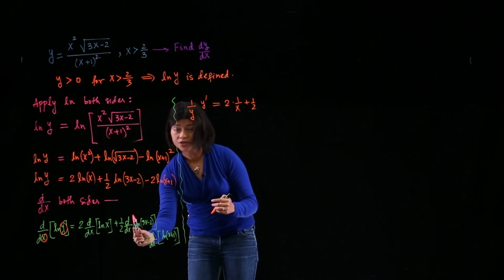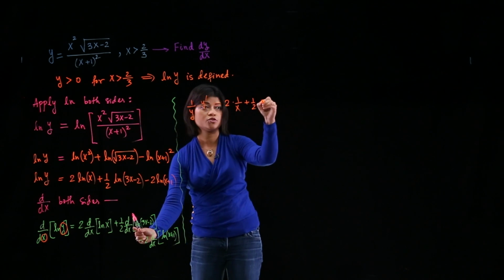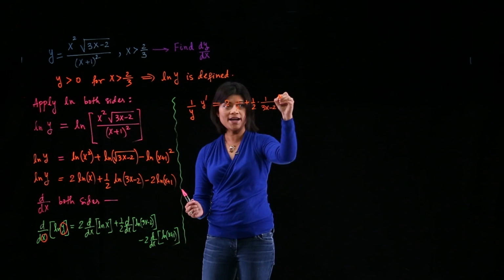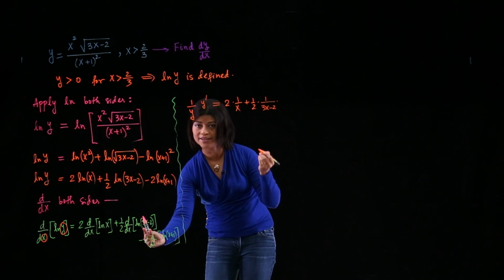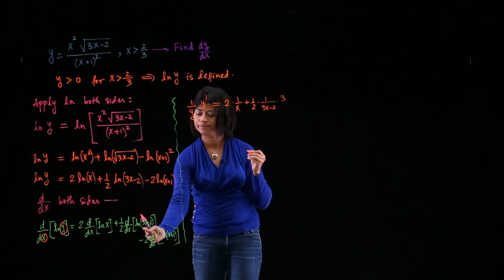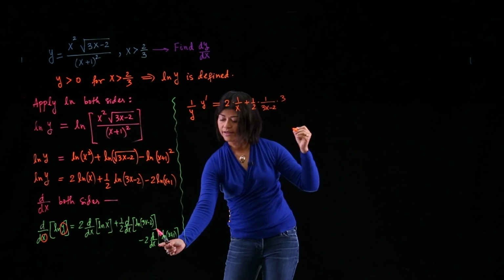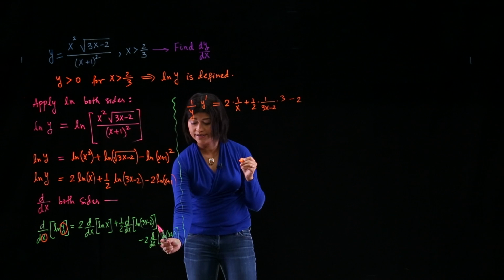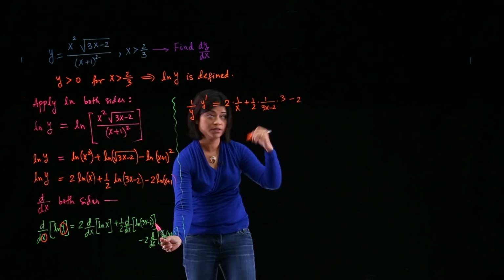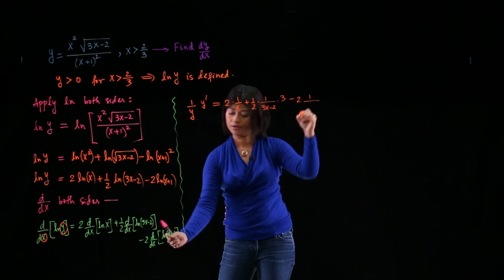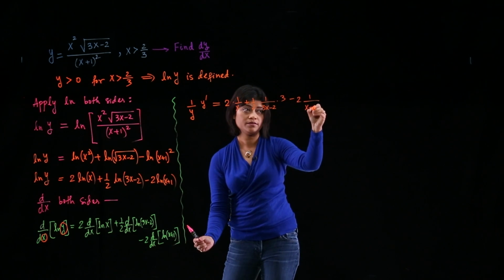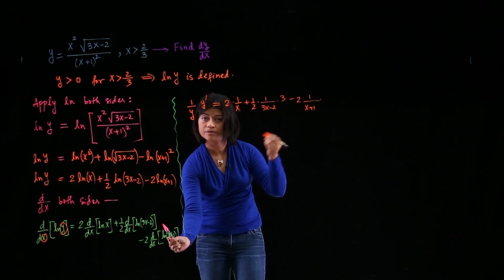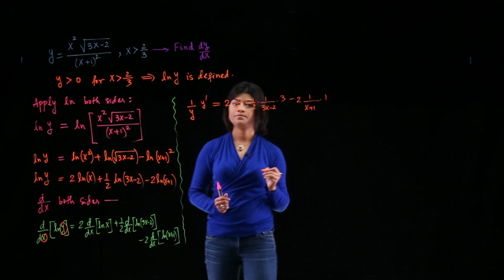The outer function is natural log, its derivative is 1 over 3x minus 2. Then times the derivative of 3x minus 2, which is 3. Finally, the last term, negative 2 times. Same idea here. The outer function is natural log, its derivative is 1 over x plus 1, times, by the chain rule, the derivative of x plus 1, which is 1.